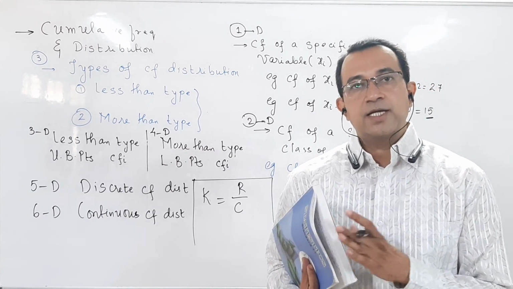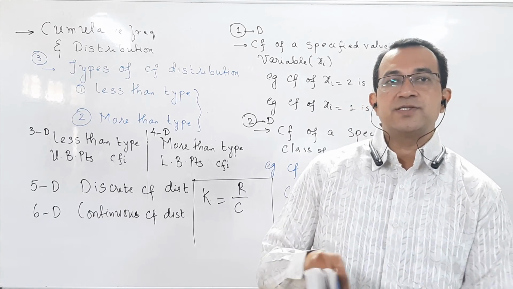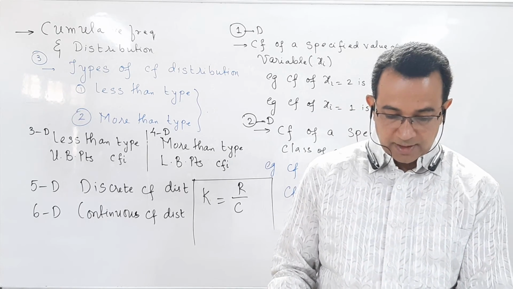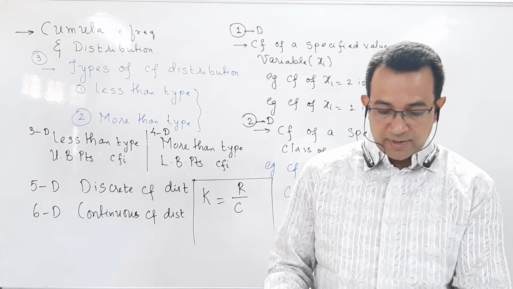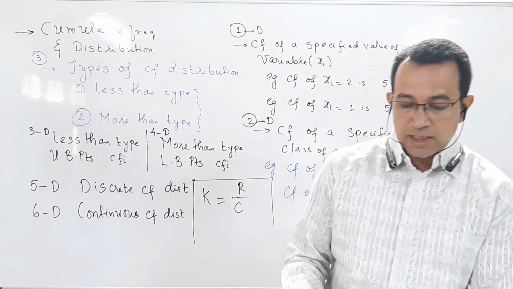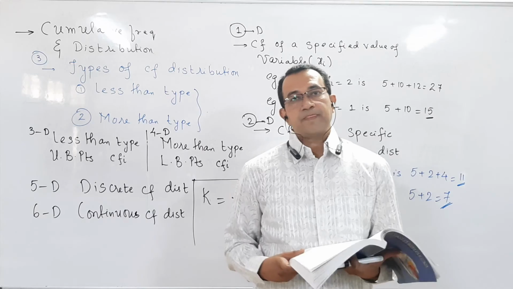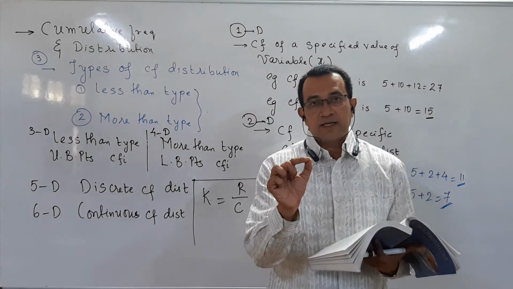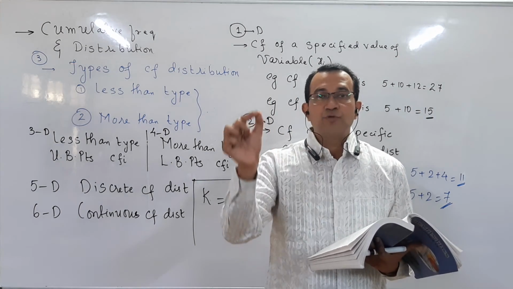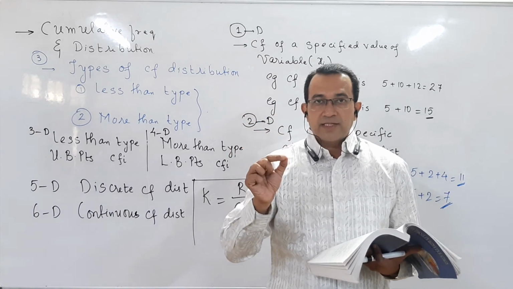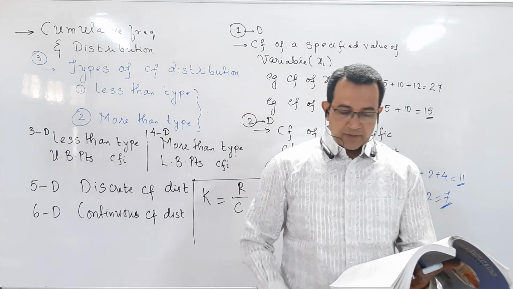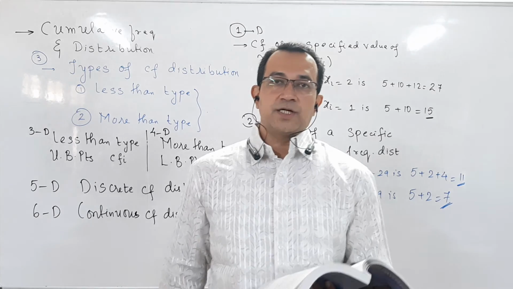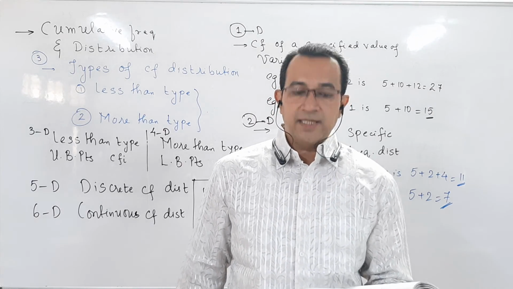R is range, K is number of classes, and C is definitely class length. When should one form a frequency distribution with unequal class length? When the range of the data is a very large value, in such a case, one must form a frequency distribution with unequal class length.